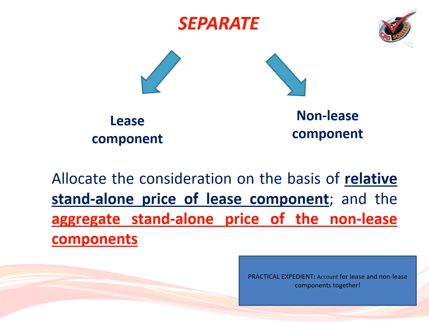If there is a fixed fee, the entity would need to allocate the fees between the lease and non-lease components based on the relative standalone prices of the lease component, if available, and then the aggregate standalone prices for the non-lease component.